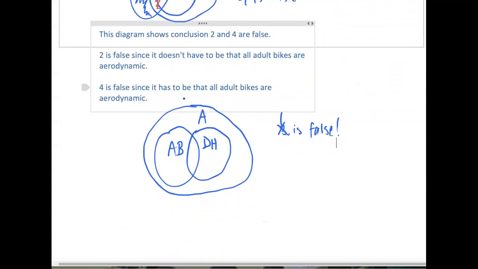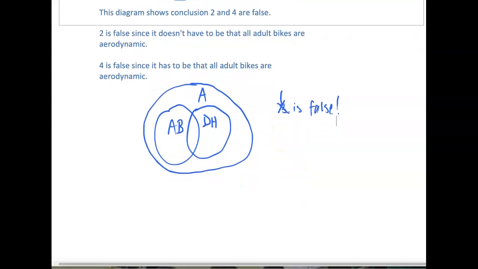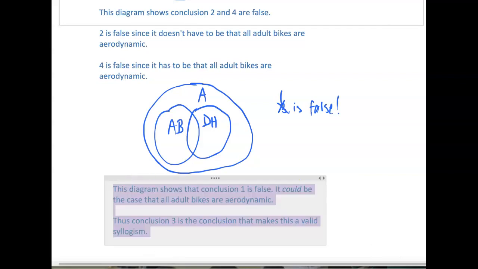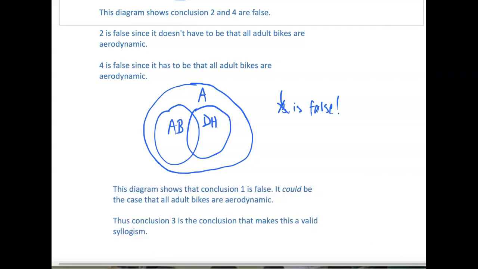And that could happen, given your two premises, right? So since conclusion 1 is false, that leaves us with conclusion 3. Thus conclusion 3 is the conclusion that makes this a valid syllogism.